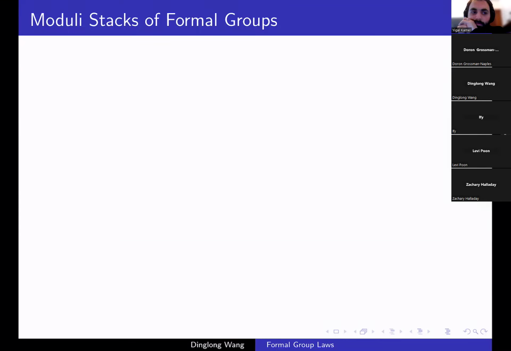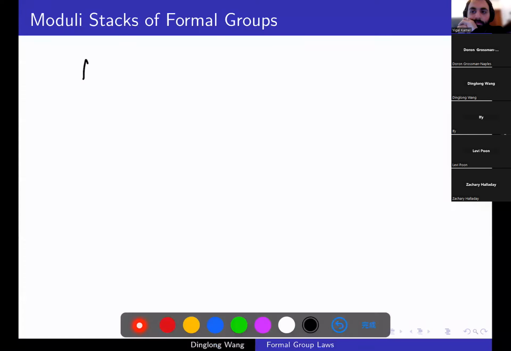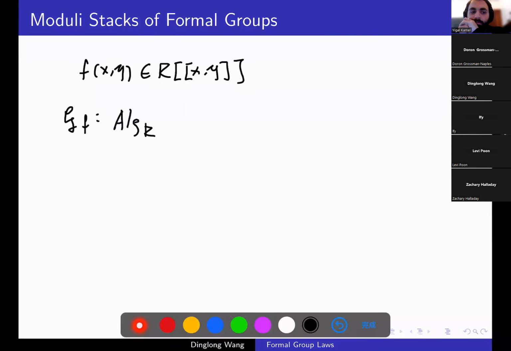So what we can do is the following. Given a formal group law F(x,y), a power series with coefficients in R, we can define a functor GF from R-algebras to abelian groups. Namely, we restrict to a smaller set of elements, the nilpotent elements.